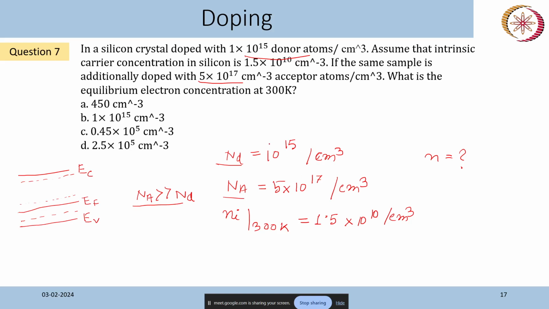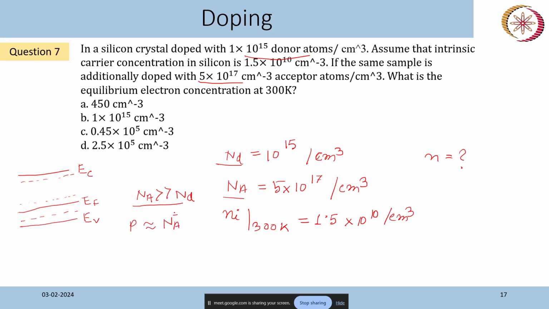If Na and Nd values differ by two orders or more, then you can directly consider this condition, and you can say that the hole concentration will be approximately equal to Na.